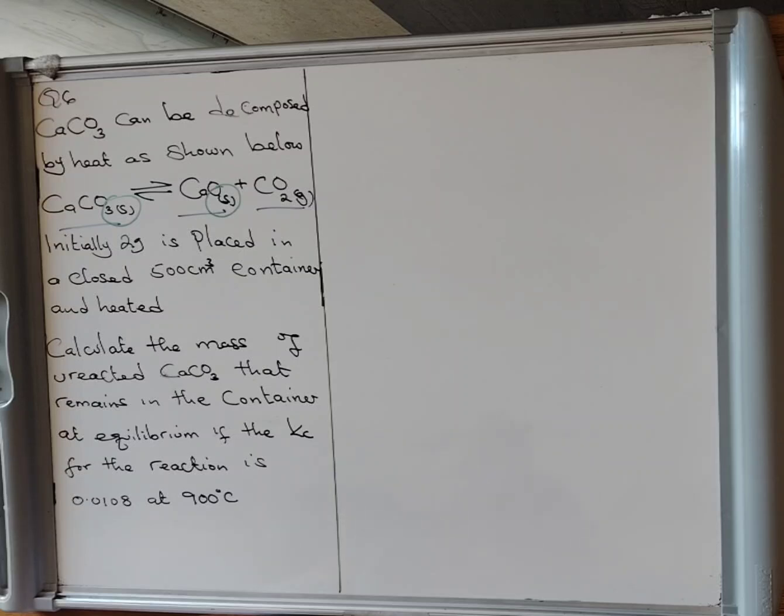And what do we know about solids? Solids, during equilibrium, they literally remain unchanged. They do not change. The change is so small that it is insignificant. So most of the times we leave them out.